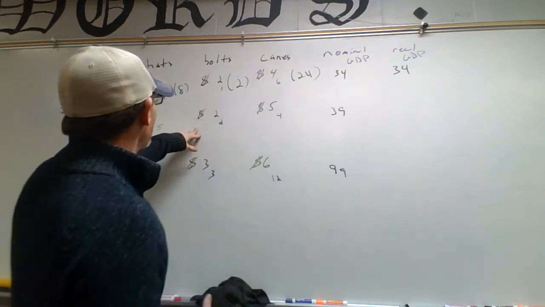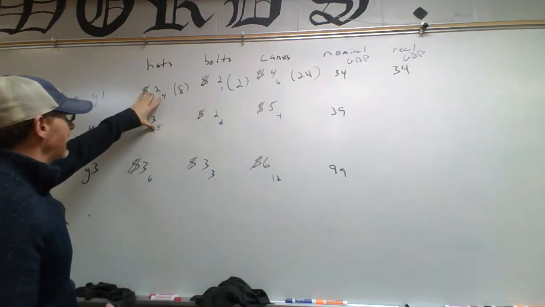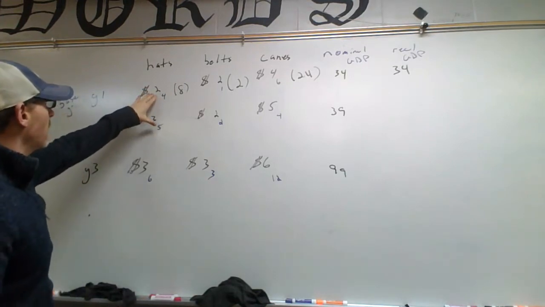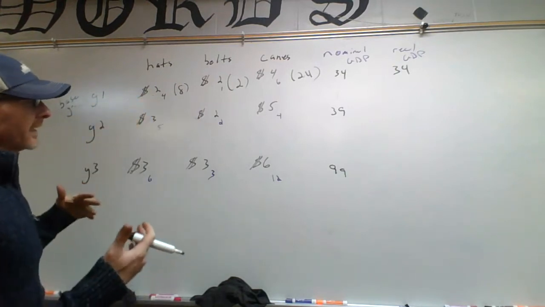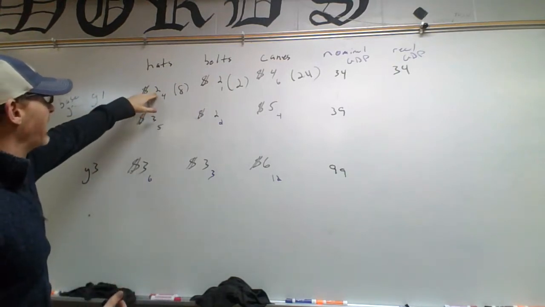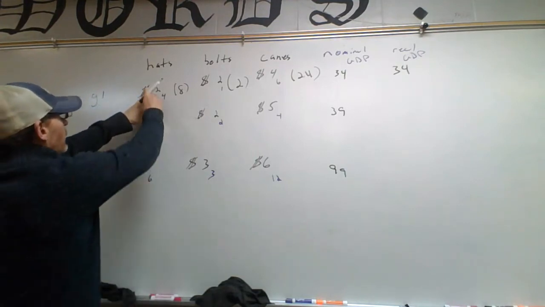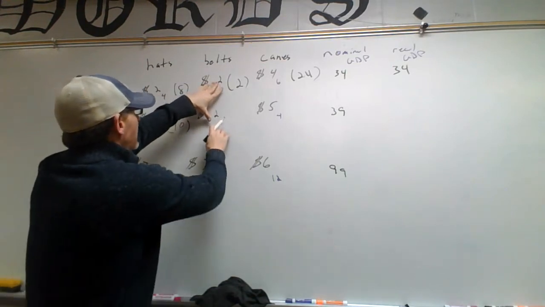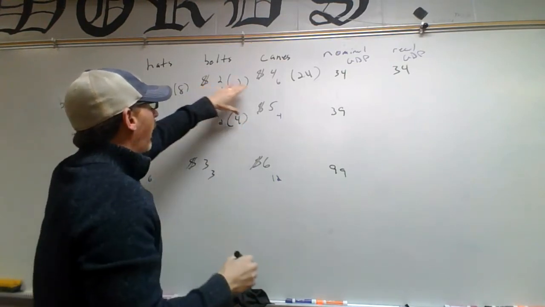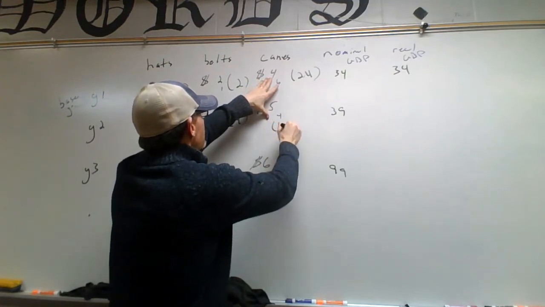Now, if we're doing this year, this time, remember, we're holding prices constant and looking at the changes in quantity. So instead of being $3 times 4, when we're looking at real GDP, we hold the base year's price constant and look at the quantity. So this would be 2 as the base year times 5, which would be 10. $2 times 2, which would be 4, and $4 times 4, which would be 16, right?